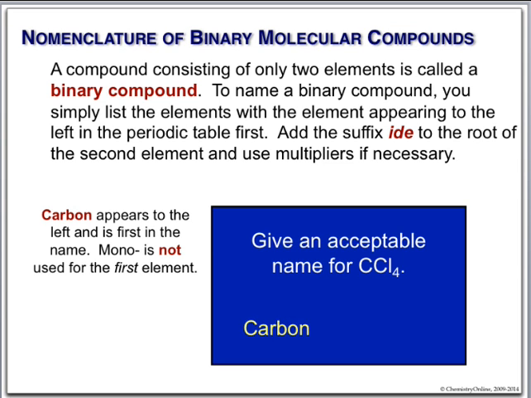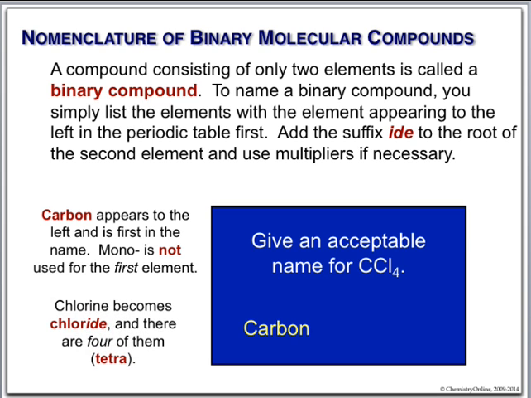Now our next word is going to need a multiplier. We have chlorine. We know that that's going to be chloride, right? And how do you say 4? 4 is tetra. So this is carbon tetrachloride.